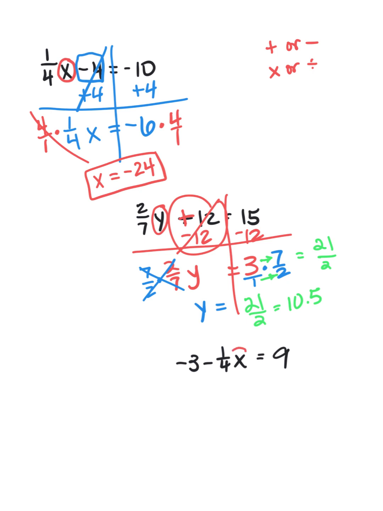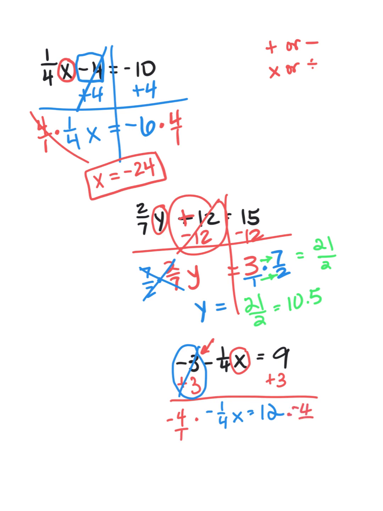Anywho, here's our variable. I notice that we have this -3 over here, so we need to move that to the other side. Because we're always trying to get x by itself, which we call isolating the variable. There's your 0. We're left with -1/4 x is equal to 9 and 3 is 12. Because -1/4 is being multiplied by x, we have to divide by -1/4, but we know that means multiplying by the reciprocal.